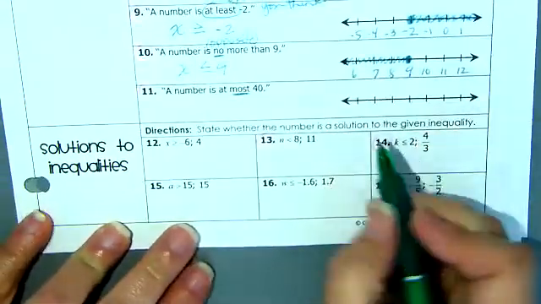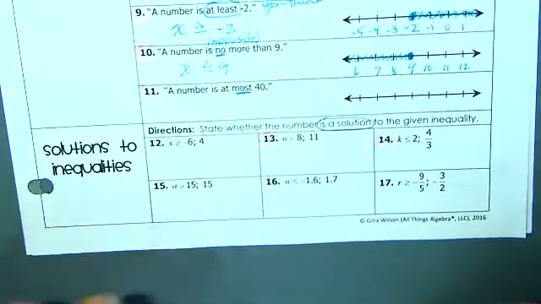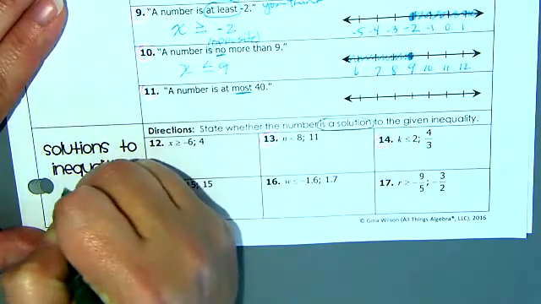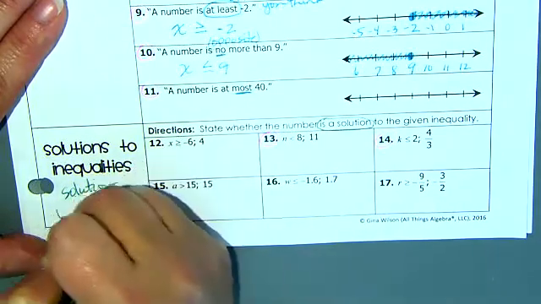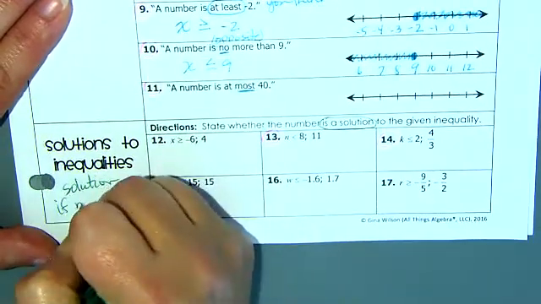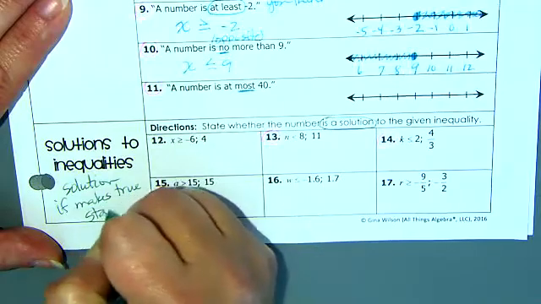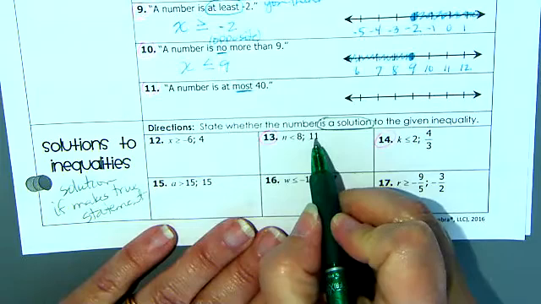13, we're trying to determine, is it a solution? Okay, so if it's a solution, it's going to make a true statement. Solution if makes true statement. So if I look at 13, this is going to be plugging in.